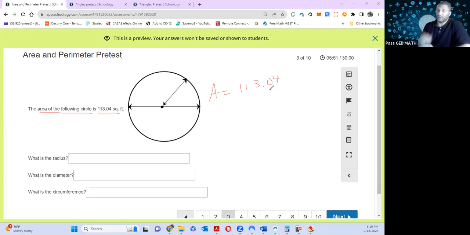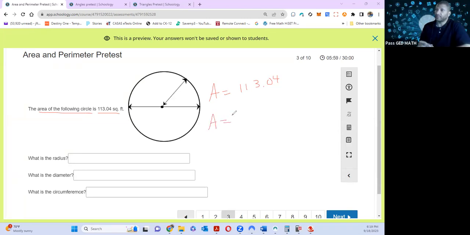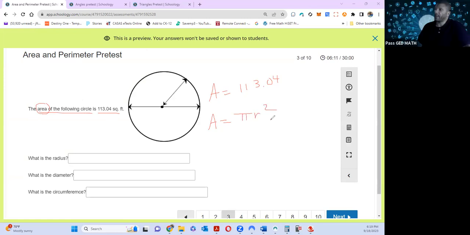Can you tell me off your formula sheet? I didn't say circumference. What are we looking for? The area of a circle. The area of a circle is A equals pi r squared.